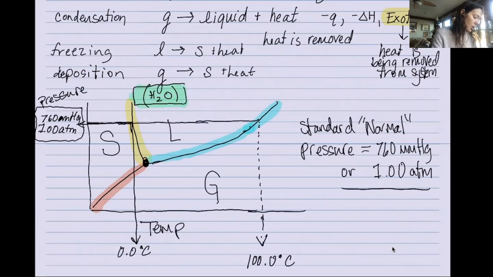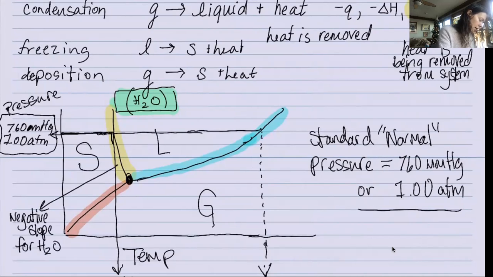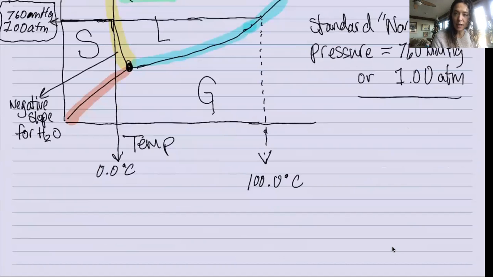Water also has a negative slope at the solid liquid line. That is because the solid is less dense than the liquid. That is usually not the case.